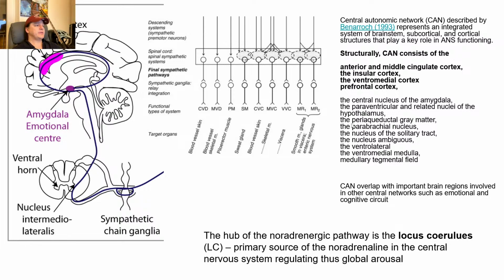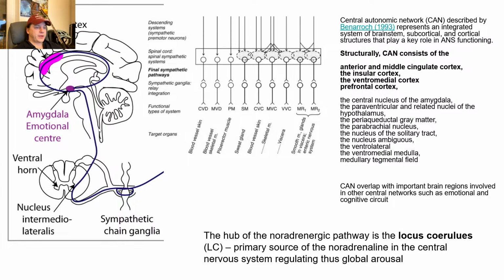And what is interesting, a lot of them, so these are the central autonomic network, which originates in the cortex, mainly in the anterior cingulate cortex, and goes through the hypothalamus, which is one of the main regions where all those centers are collected, which regulate the autonomic nervous system and its sympathetic part as well.